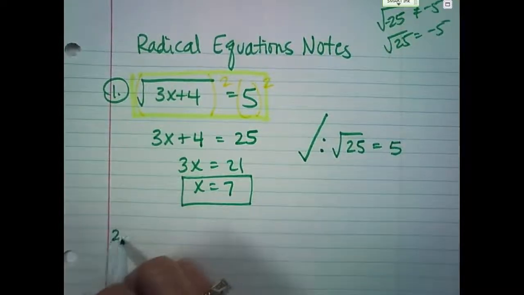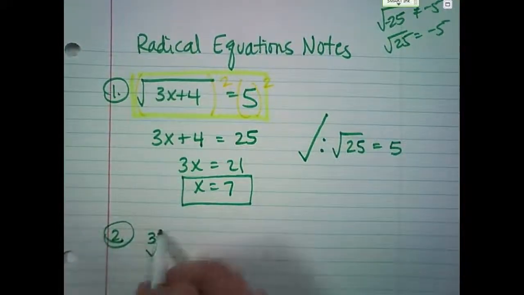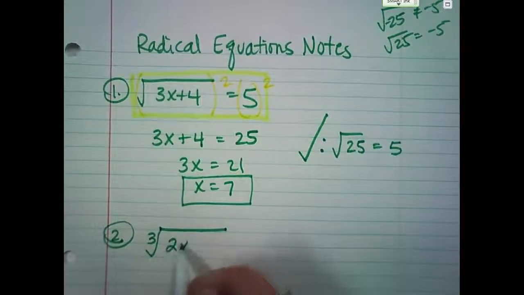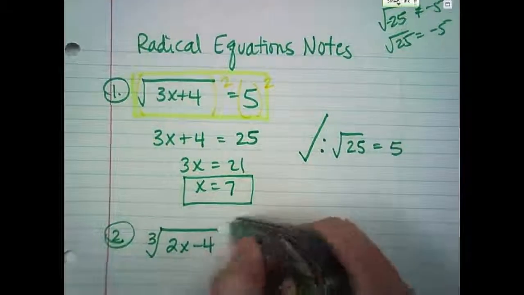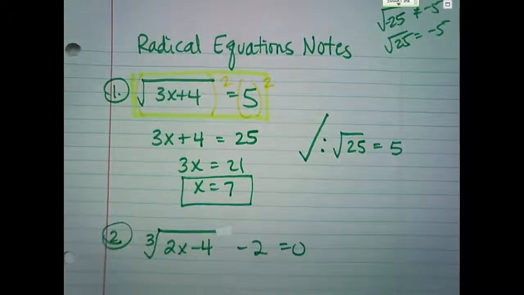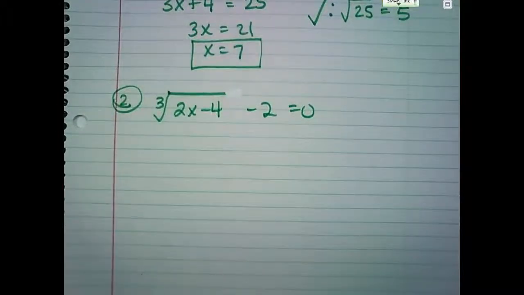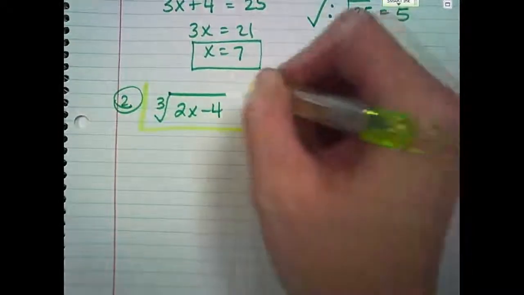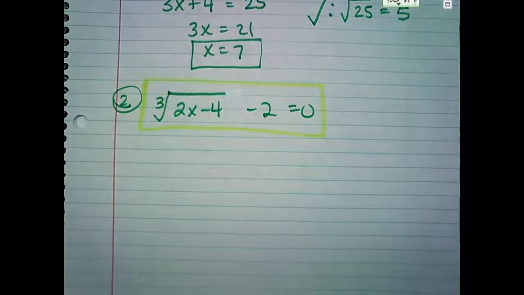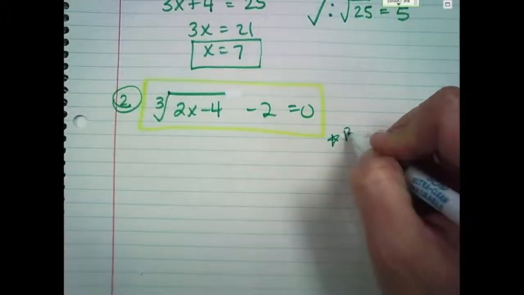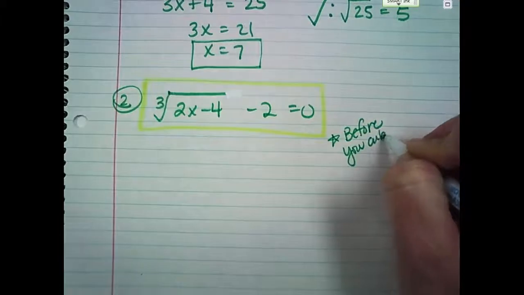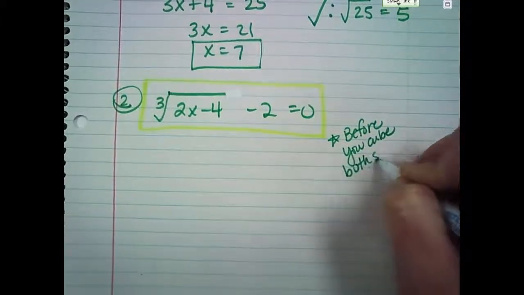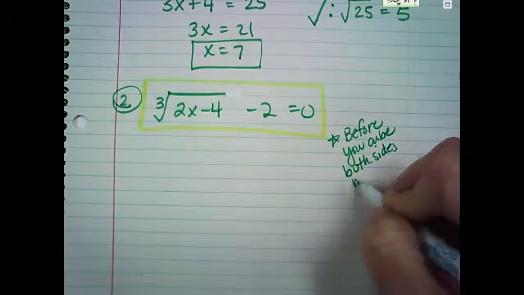Number 2. The cube root of 2x minus 4, minus 2, equals 0. Okay, write yourself a note. Before you cube both sides, move the 2 over.